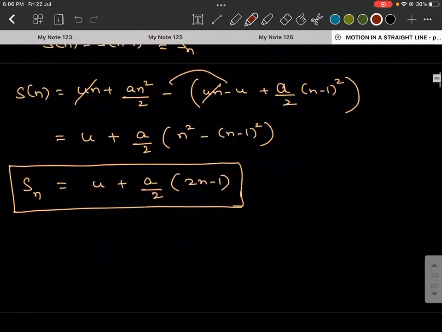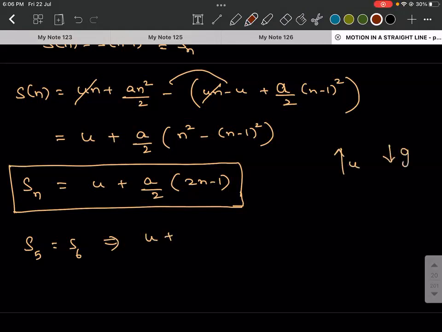Right? So what did they say? What should be the initial velocity so that the distance traveled by the object in the 5th second is equal to the distance traveled by the object in the 6th second? Which implies u plus acceleration. Actually, when the object is thrown upwards, the object experiences an acceleration in the downward direction.